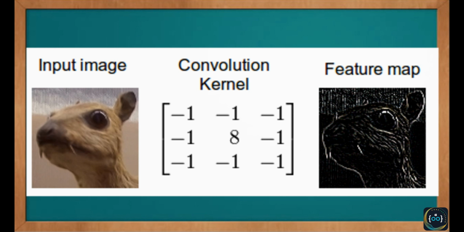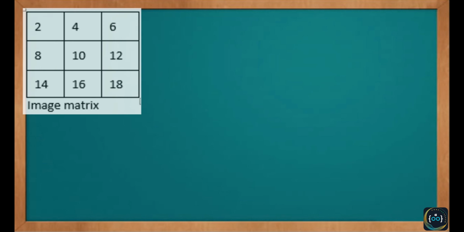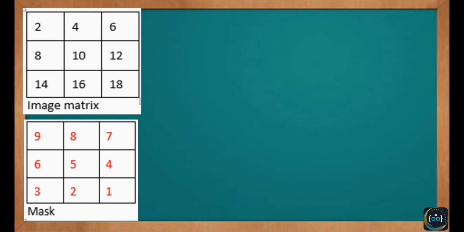Consider this to be an image, the image matrix, and this is the mask that we want to slide over the image. As usual, we're going to slide this mask through every pixel within this image. We'll slide it through 2, 4, 6, 8, 10, 12, 14, 16, and 18. So in our code, we are going to have 2 for loops.